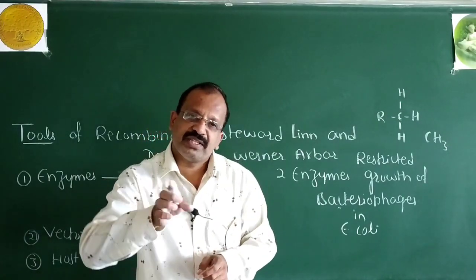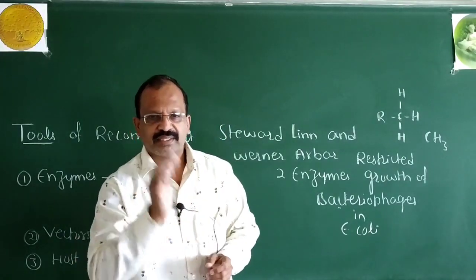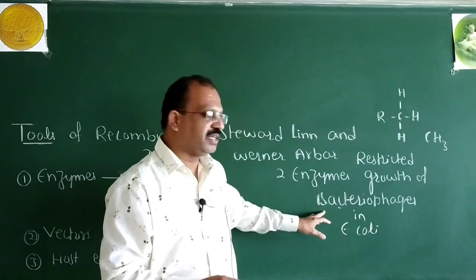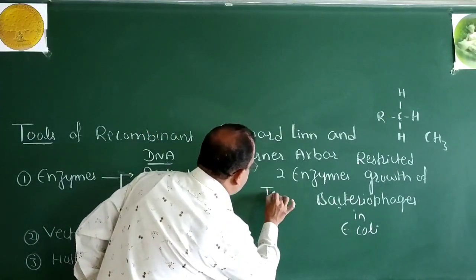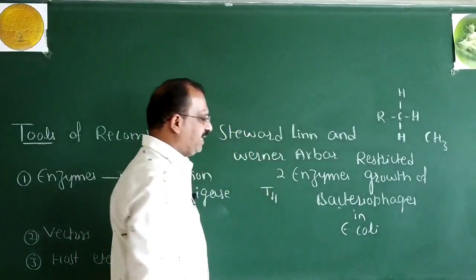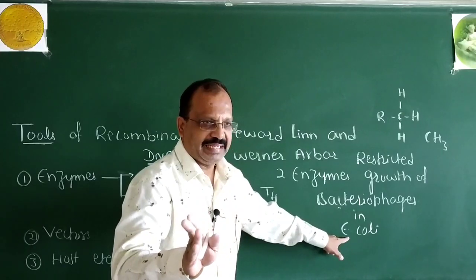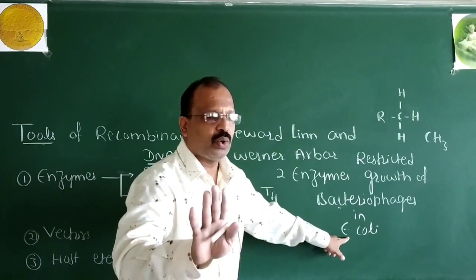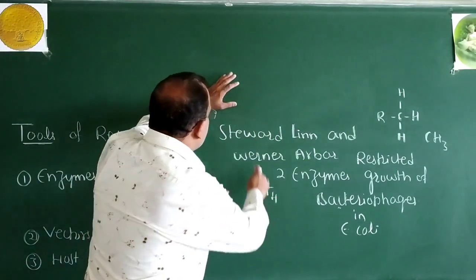Viruses which infect the bacteria are called as bacterial viruses. A classic example which we come across in first year is T4 bacteriophage. E. coli is a bacteria, Escherichia coli. Okay, I hope that this first para is clear.